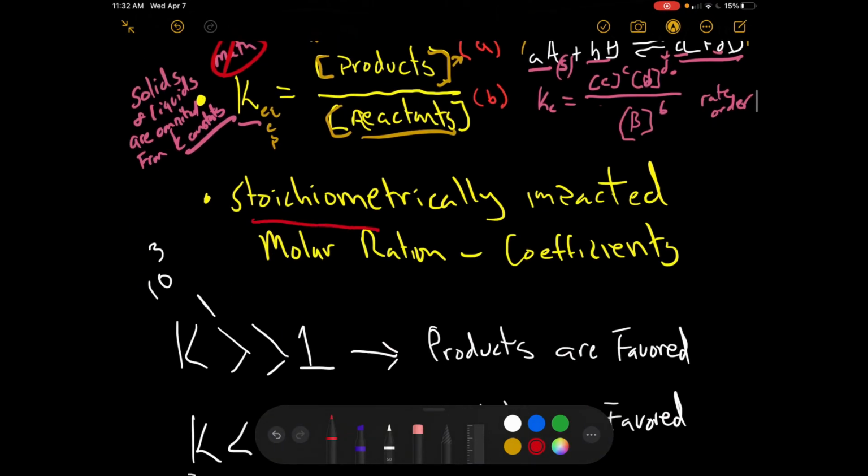So this is obviously stoichiometrically impacted. I showed you that up here. So that is molar ratios and coefficients. Do not forget stoichiometric coefficients. You'll essentially go through a problem, get it perfectly right, but forget the coefficient, and that will be wrong. So just get it in your mind.